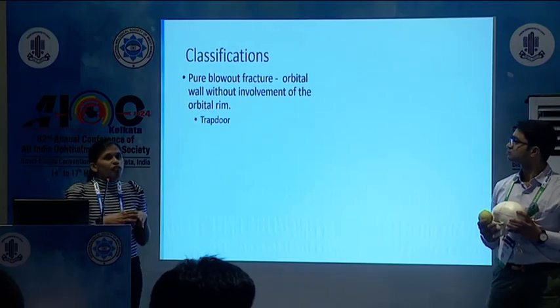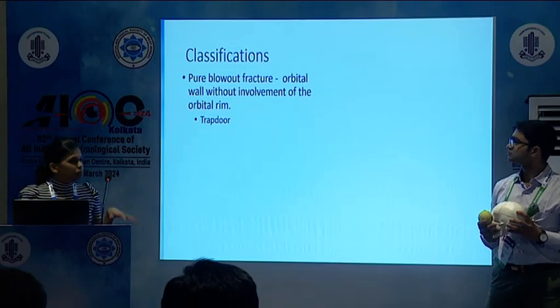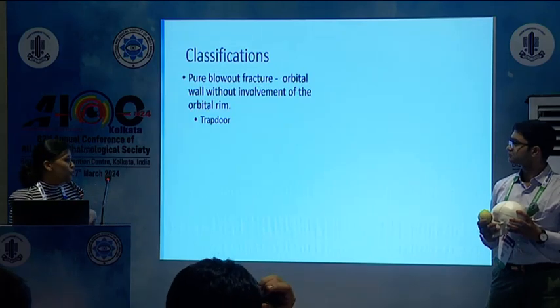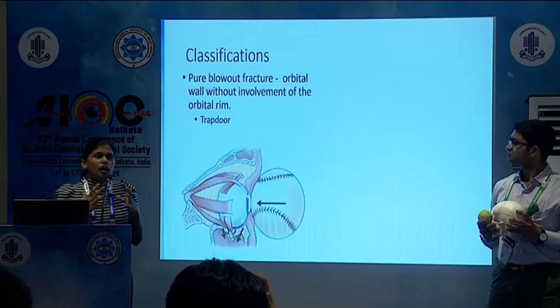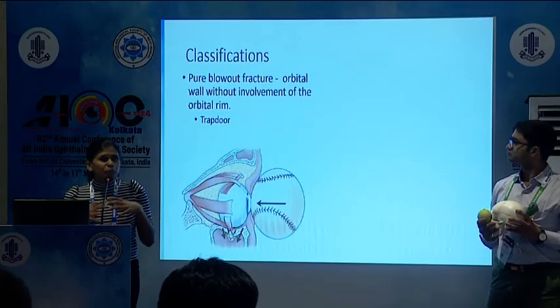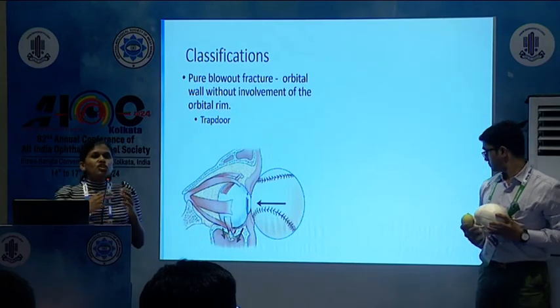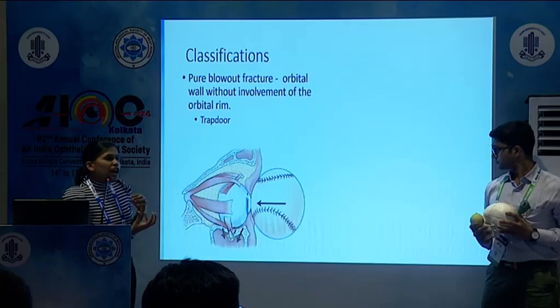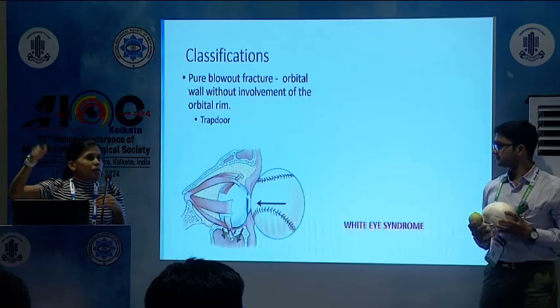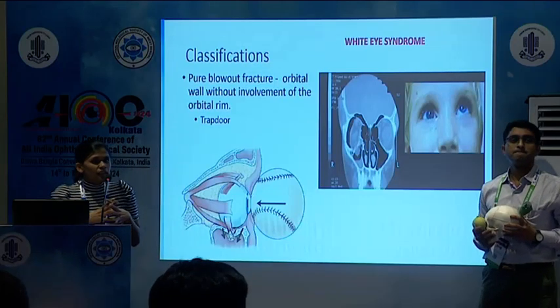In a pure blowout fracture, only the orbital wall is involved, without involving the rim and other facial bones. In the pure type there is a trapdoor fracture, which is very, very important. Here the fracture segment is still attached, so there is entrapment of the muscle, along with entrapment of neurovascular bundles.